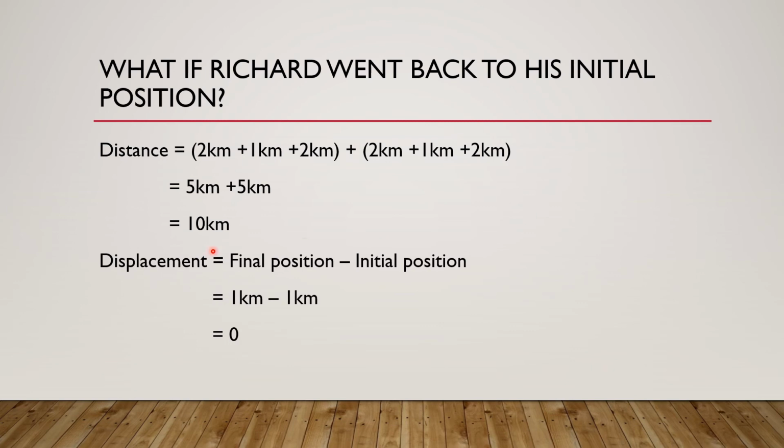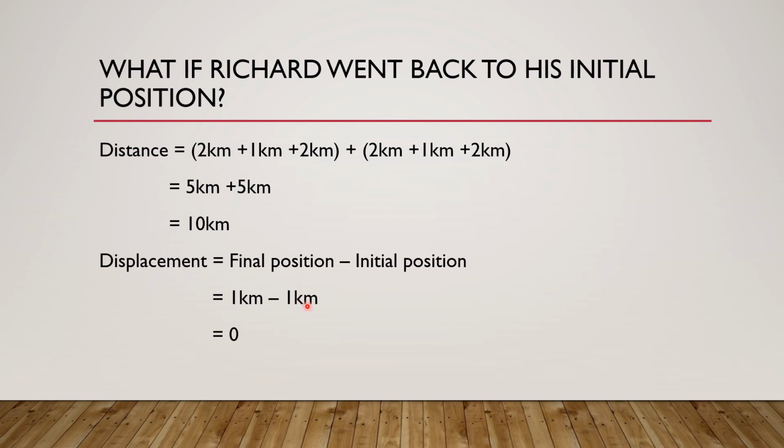Anong sabi natin kanina? The formula for displacement is equals to final position minus initial position. So, ano nga yung final position niya? 1 kilometer. Bakit? Kasi nandun siya, initial position niya is another 1 kilometer. Bakit po, ma'am, initial niya ay 1 kilometer? Nasa house na siya, nakarating na siya doon.